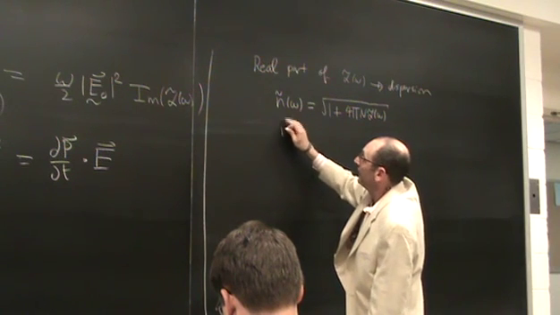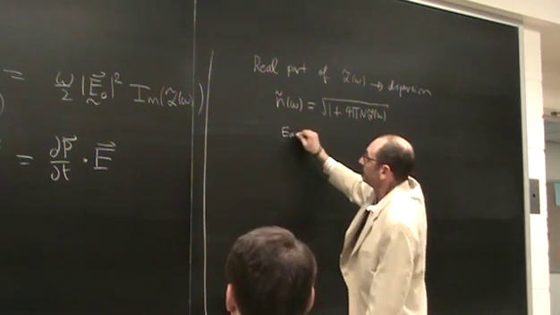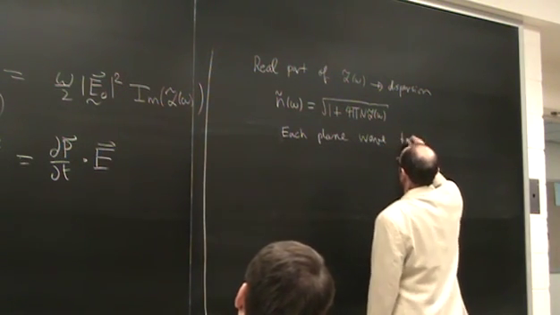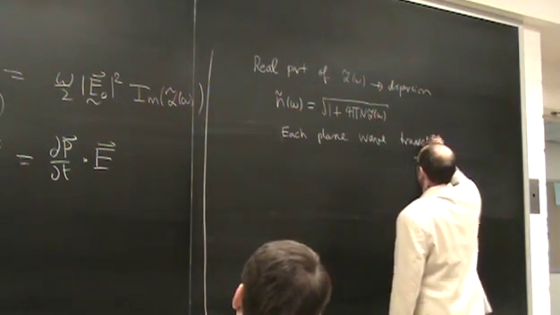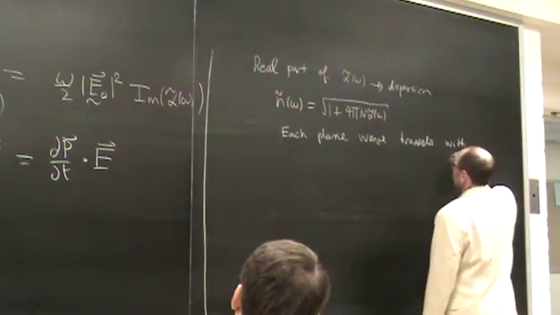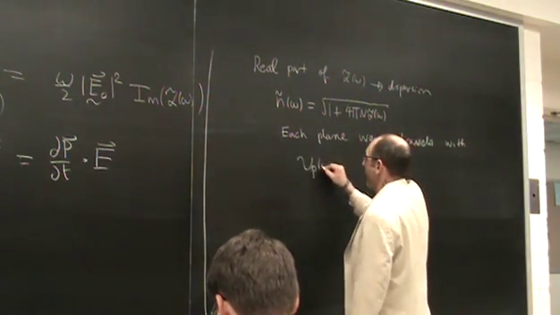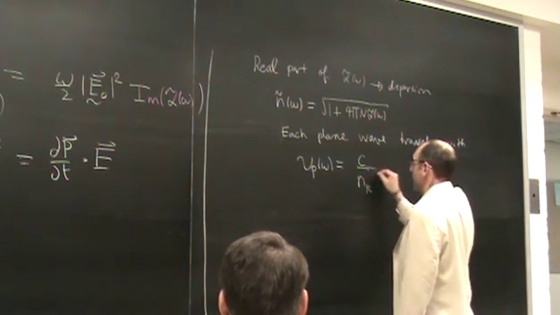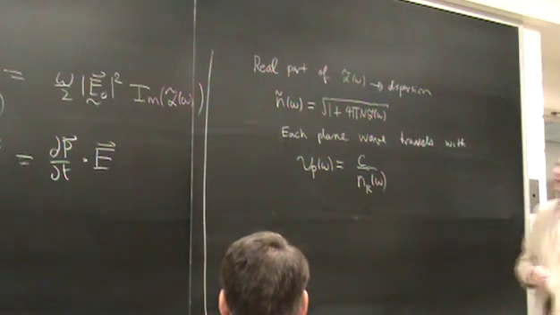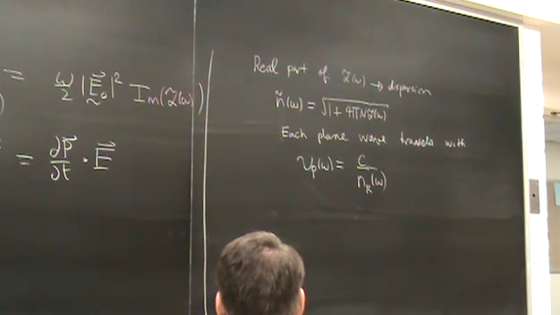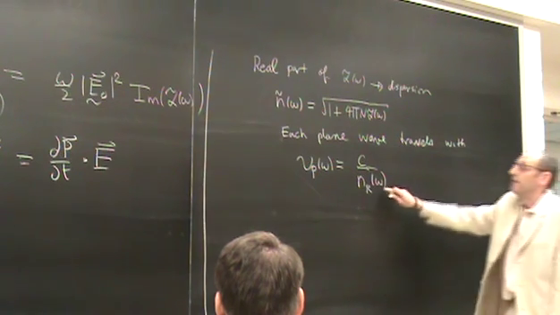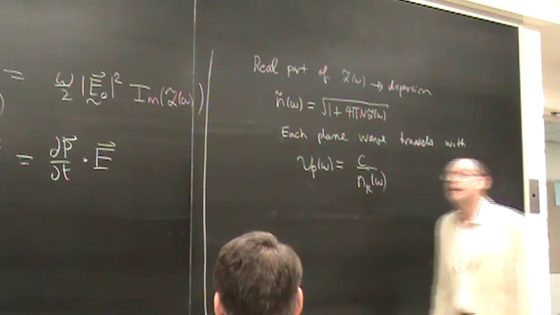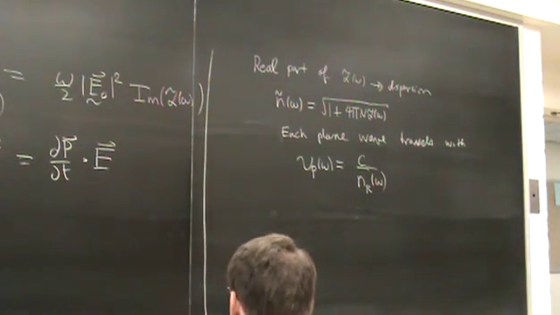And we have that each plane wave travels with phase velocity that is given by the real part of the index of refraction, which generally depends on omega. In this way, we see the dispersive line shape. That's what this function is often called.